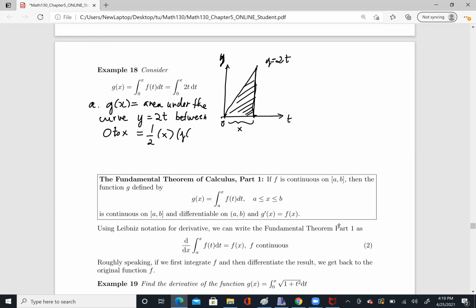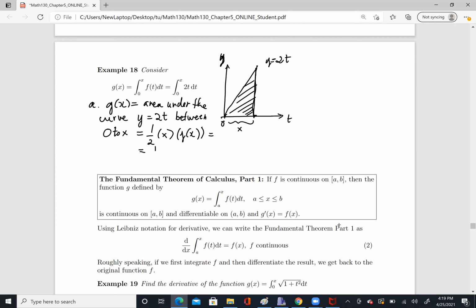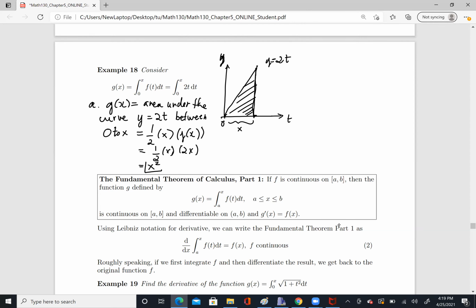So I'm going to write 1/2 times x, and then times 2x. And finally, it will be x squared. Yes, x squared. That's the answer.